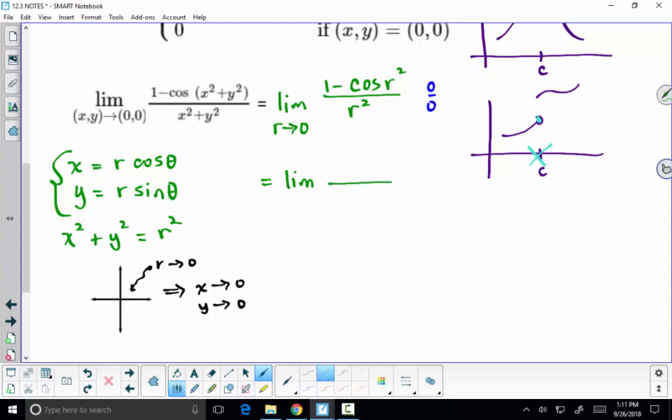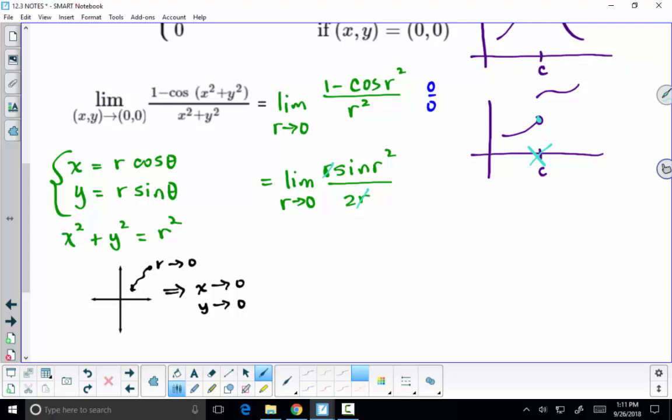And we're taking the derivative with respect to r. So we're going to get a 2r up top. The derivative of cosine is minus sine, so that's going to be sine of r squared multiplied by r, as r goes to 0. And then there's an r that cancels.